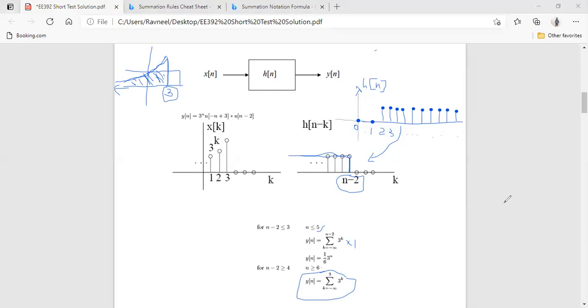So we end up with two sets of summation.